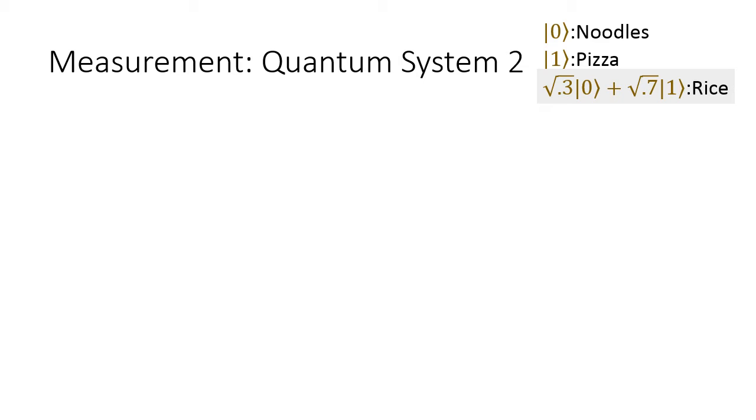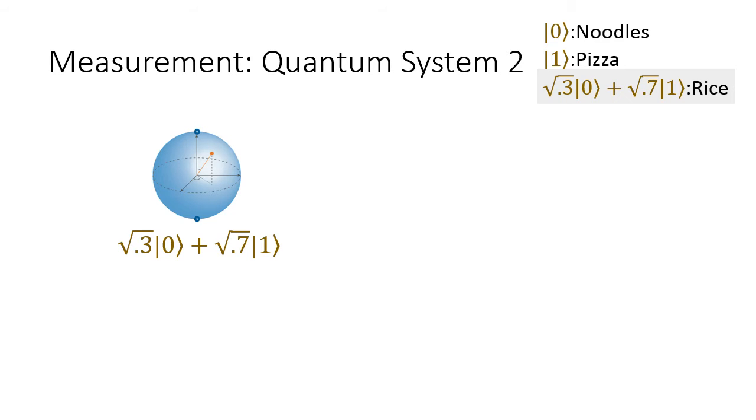As Bob knows that a qubit can store infinite amount of data, Bob wants to store his choice of rice in the qubit as well. So he tells Alice that if she observes the qubit in the state of something like this on the right hand corner, then she should prepare rice.